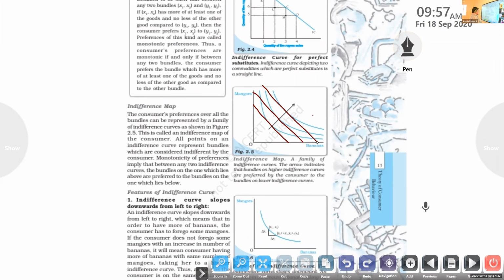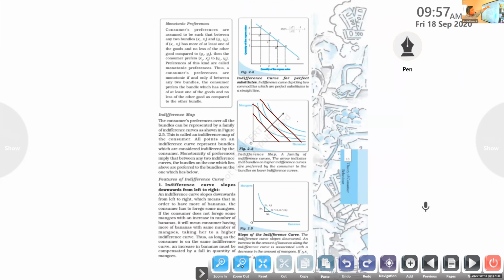And we have already discussed one more topic: the straight indifference curve. What is the situation here? The situation with two different commodities, basically considered as perfect substitutes. Here we used two commodities like a 5 rupee coin and a 5 rupee currency note.